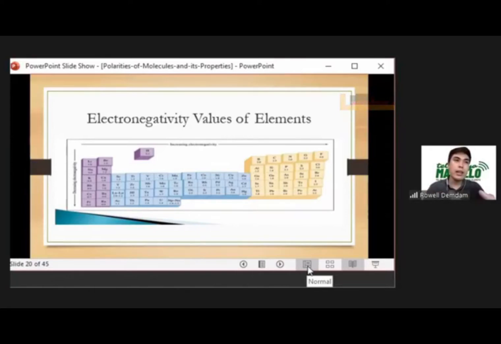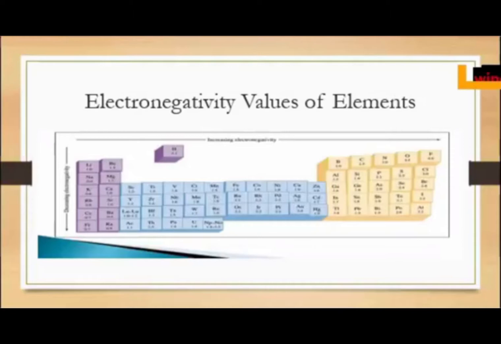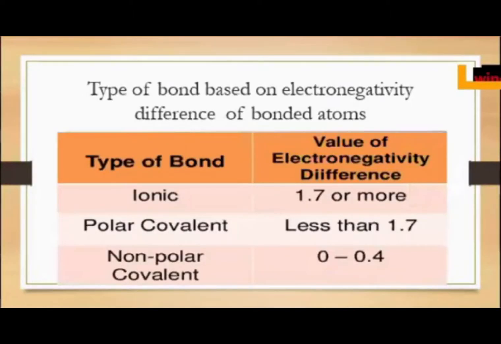We could use the electronegativity values of the atoms involved to get the absolute electronegativity difference, which will help us in predicting what type of chemical bond, be it ionic, polar covalent, or non-polar covalent, would exist between them. So the absolute value of the electronegativity difference between the atoms gives an idea of the type of chemical bond that can exist between them.